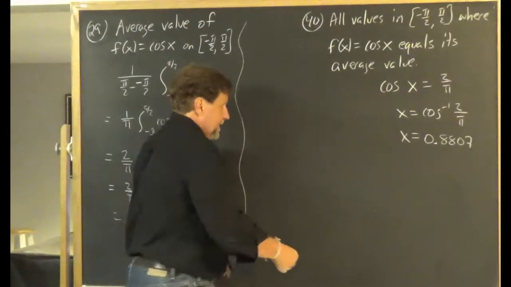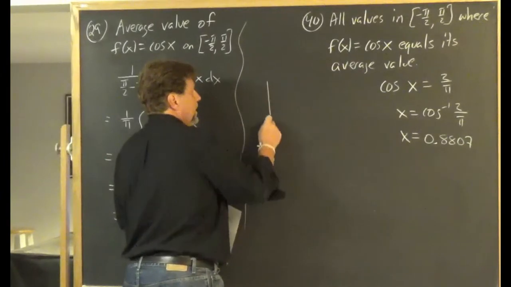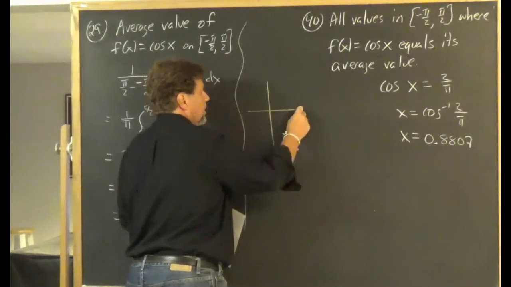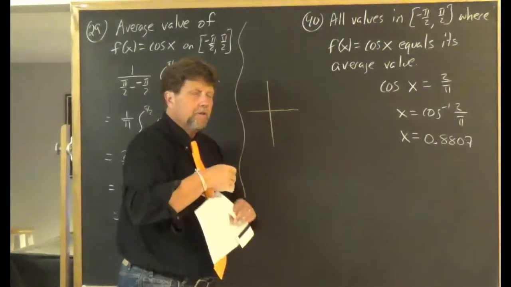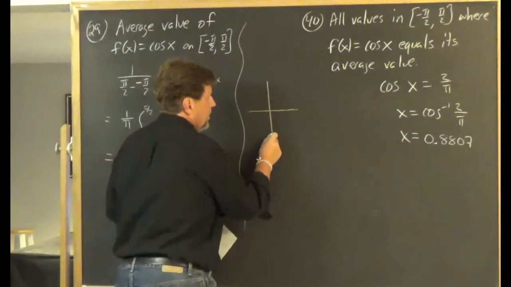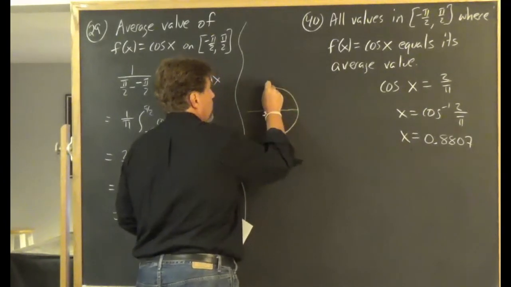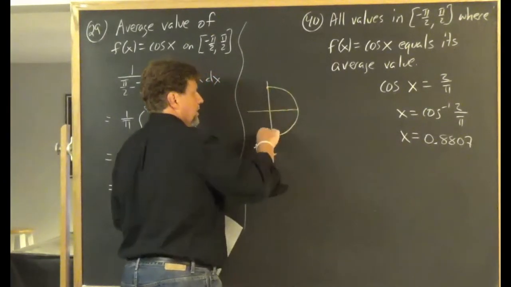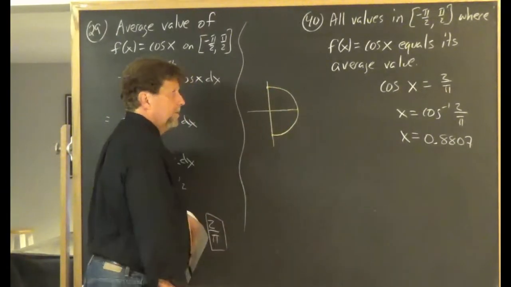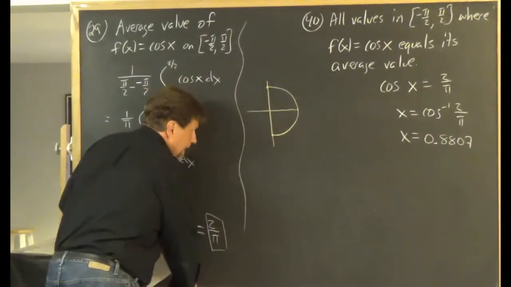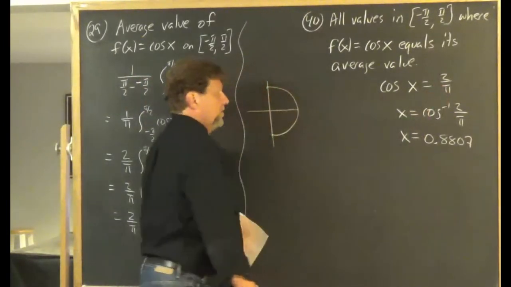But here's what we need to remember. You need to remember we're on the interval negative pi over 2 to pi over 2. So on the unit circle, that would be the right half of the unit circle, because down here is negative pi over 2 to pi over 2. Again, remember that this is an x coordinate on the unit circle.